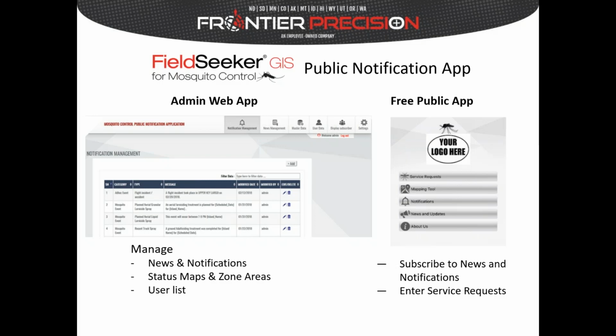And then a form pops up to collect contact information and allows them to enter a description of the problem, and they can attach pictures. The service request information then flows back to the FieldSeeker Core software or other compatible databases for review and action by the mosquito control personnel.